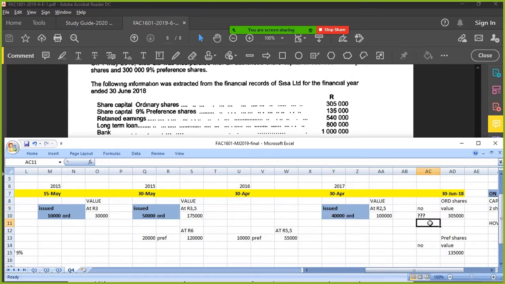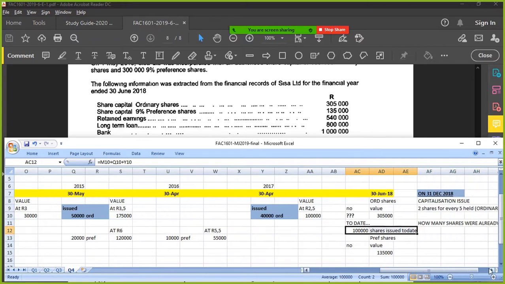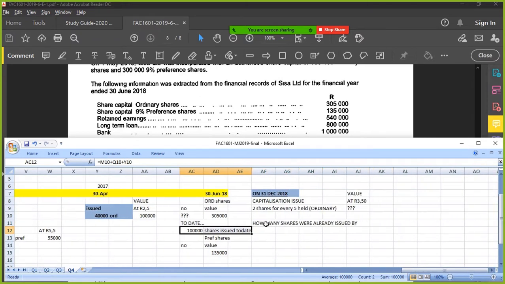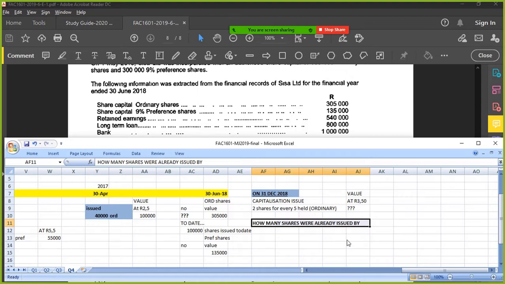So year to date, or let's just say 2 dates, 10 plus 50 plus 40 gives you 100,000 shares issued to date. So that means how many shares were already issued by the company?